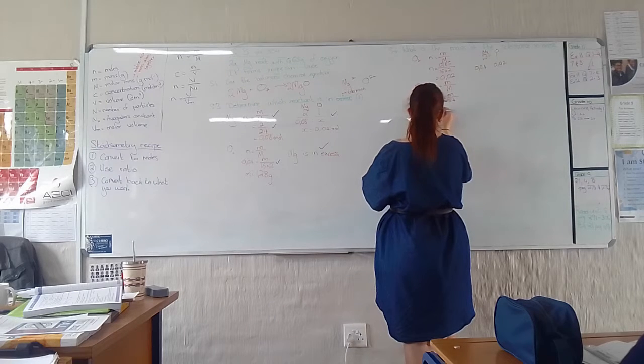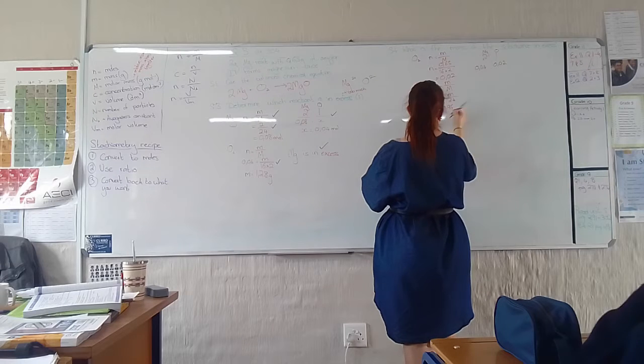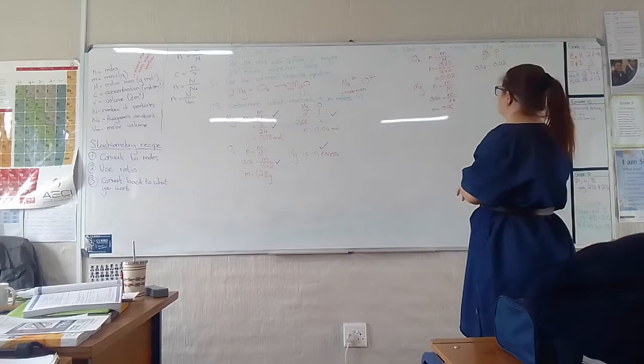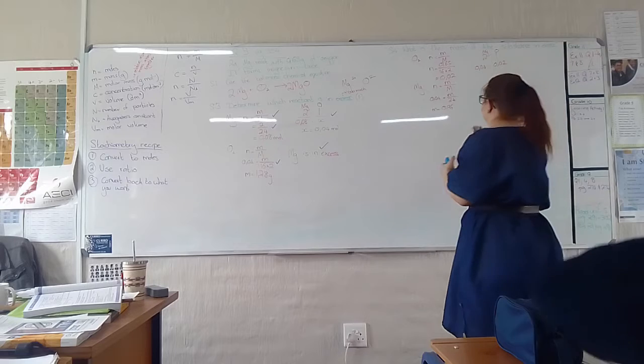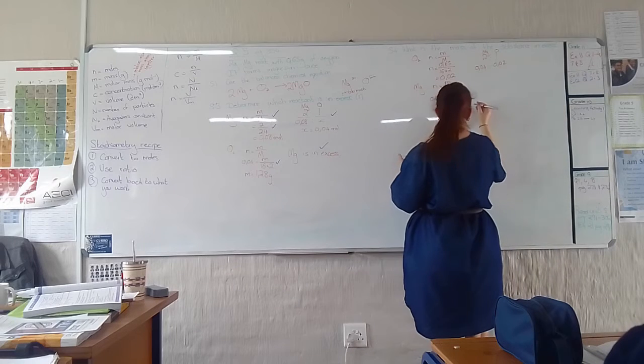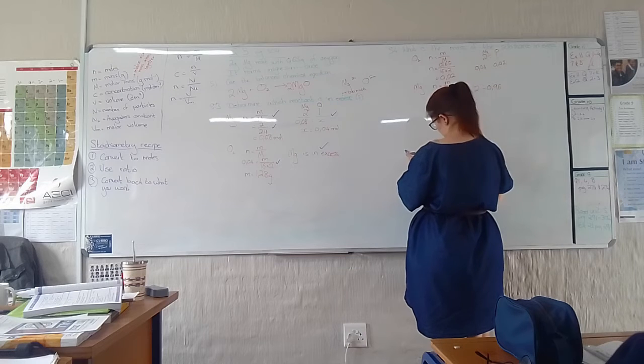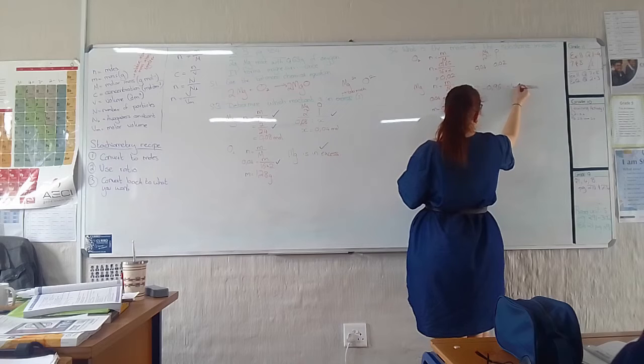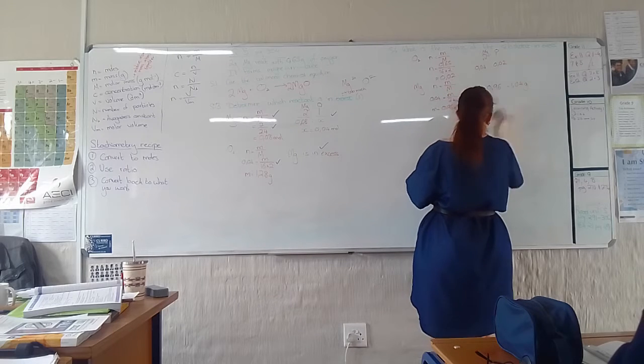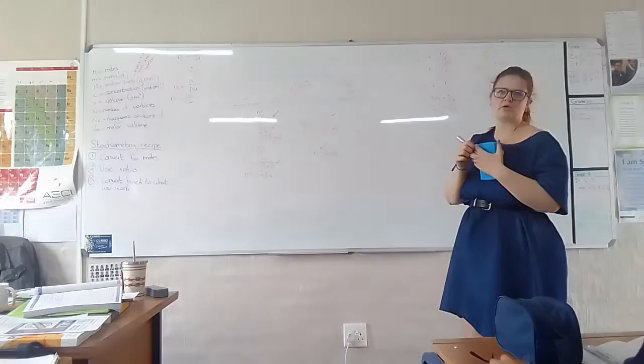So my mass is 0.96. So that's how much I should have had. So my excess will be 2 minus 0.96, which is 1.04 grams. Okay.